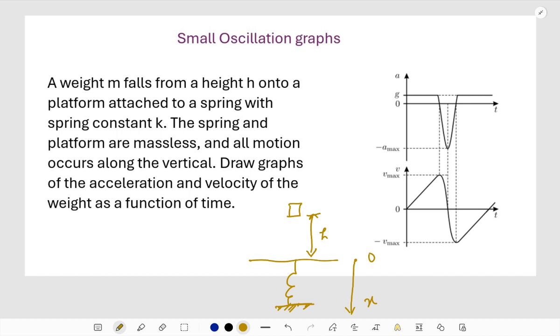You can think, before hitting the platform, the motion of this mass is uniformly accelerated with acceleration g, you can see here. And after impact, it moves first downwards and then upwards, and its acceleration decreases, comes to a maximum because it is under simple harmonic motion.